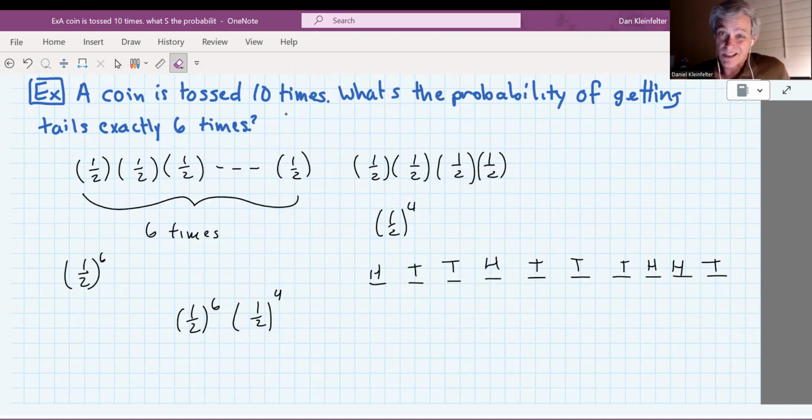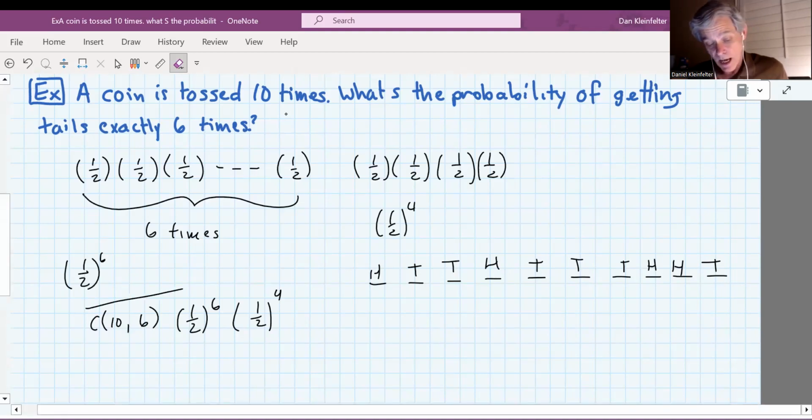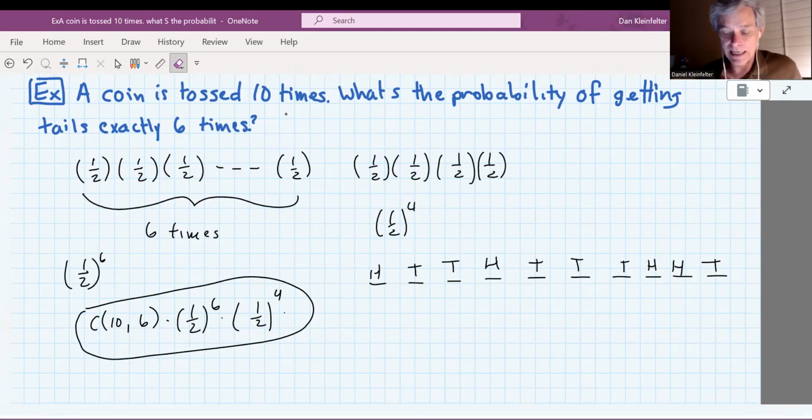Next question is, which is it? Well, do you remember which T I wrote first? Does it matter? It doesn't matter. The outcome is the same, which ones are T's and which ones are H's. So that means that it's combinations. Out of the total of 10 coins, we're going to pick 6 to draw the T's in. And we're going to multiply that by our probabilities, and that will give us our final answer.